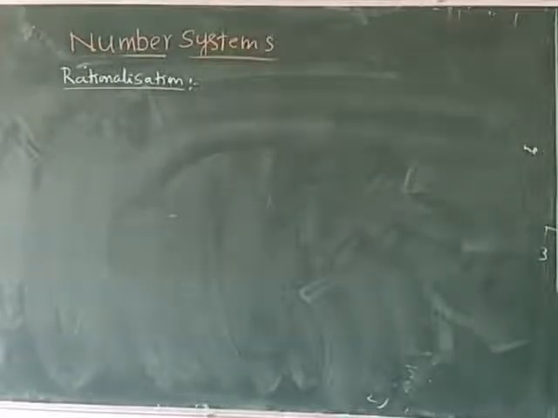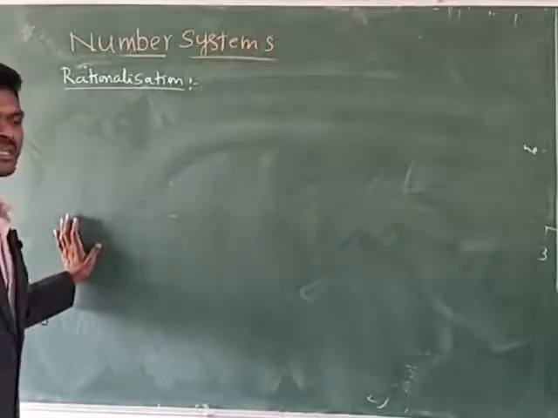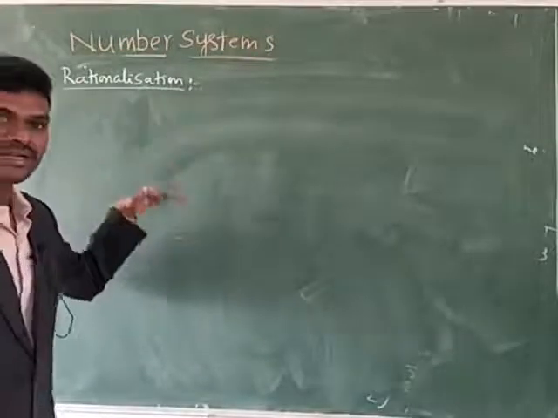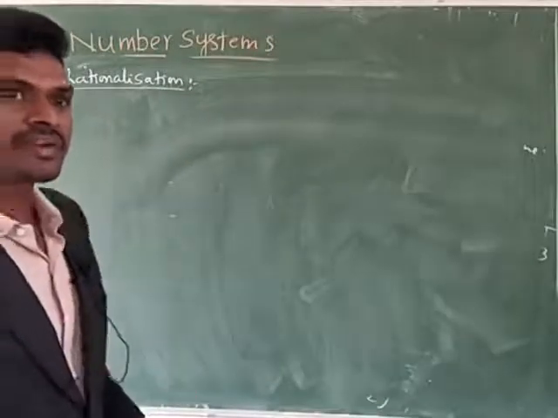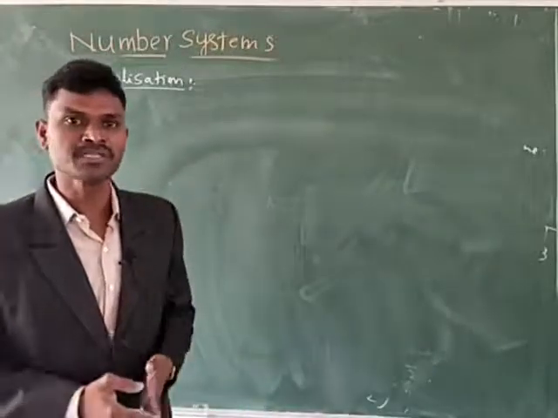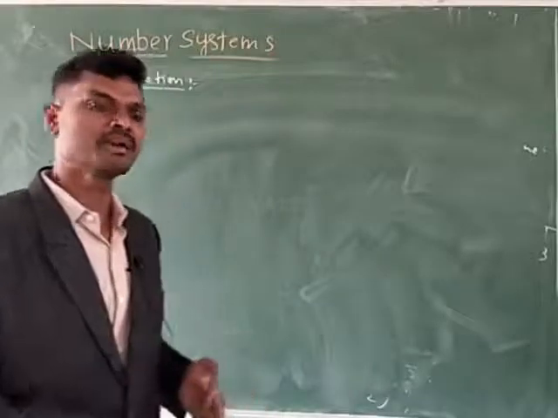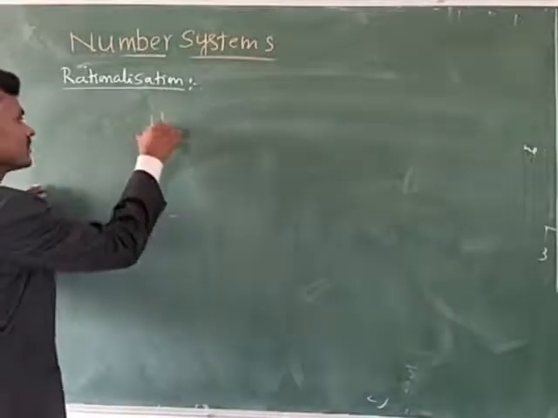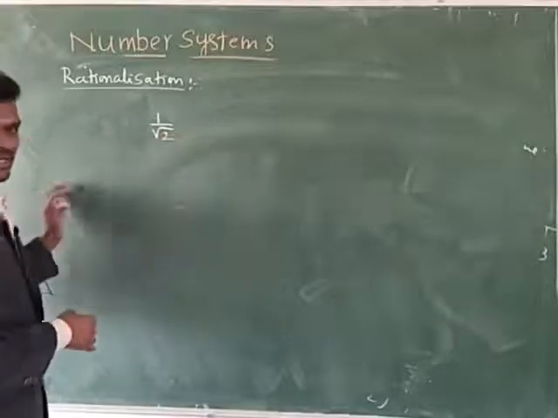Next concept is rationalization. In this concept, first we have to discuss the rationalization factor. Rationalization factor means a number we have to multiply or divide so that it becomes a rational number. Suppose 1 by root 2 is given.